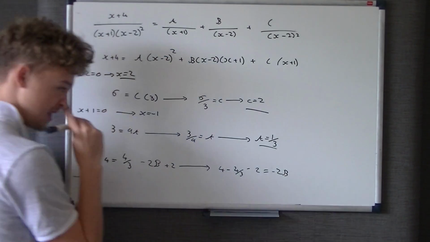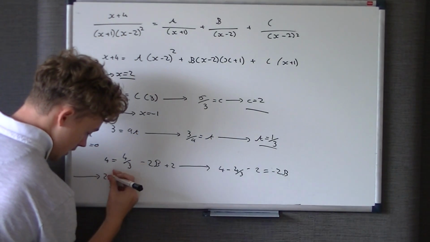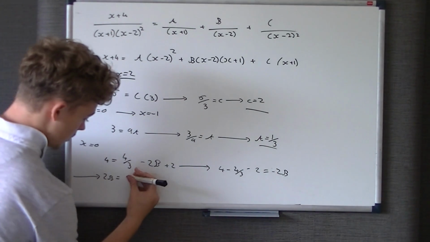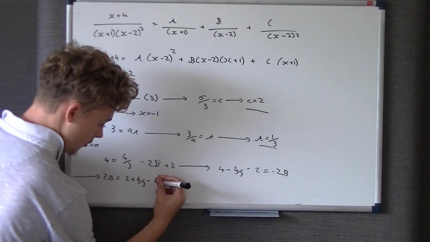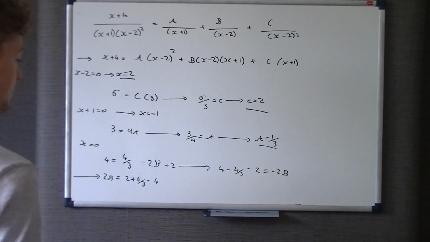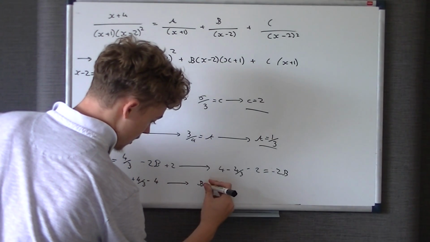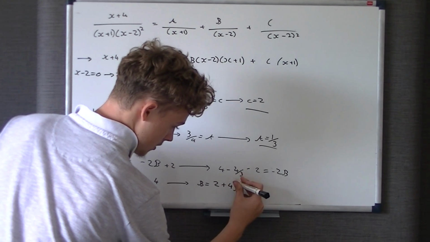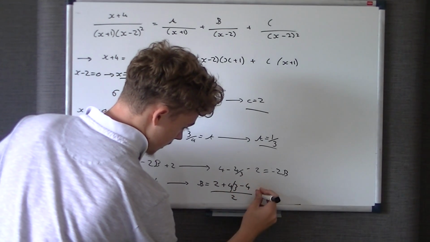What you could do at this stage is rearrange on both sides, so you could put 2b is equal to, and then move all this onto the other side. So that equals 2 plus 4 thirds, take 4. And then divide both sides by 2 to get b, so b equals 2 plus 4 thirds, take 4, over 2, and that'll get you b.